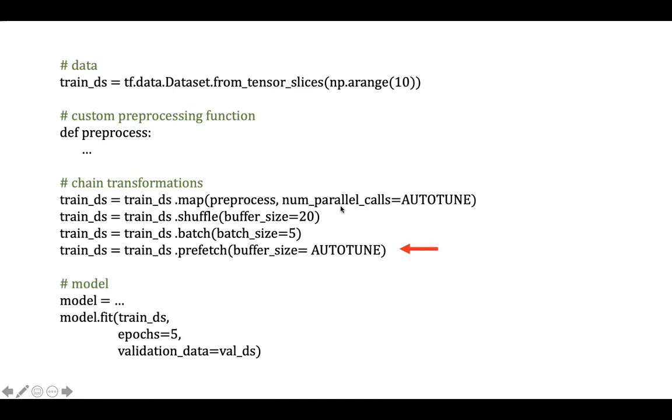We don't need to do it sequentially. And we can set the parameters for this parallel processing with this AUTOTUNE. And also for the prefetch function, you need to set the argument buffer size, and the optimal buffer size can be found automatically with AUTOTUNE. You will have a bit more information and detail about this feature in the notebooks.